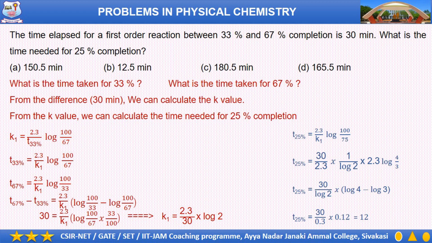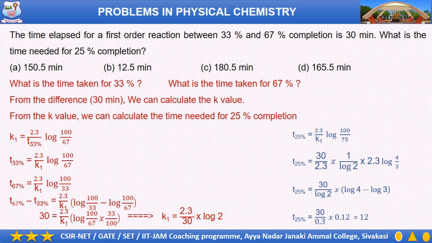Next, we will go to the calculation for T of 25%. T of 25%, how much? That is equal to 2.3 by K1 into log of 100 by 75, since 25% is completed, therefore 75 remains. Or we can write it as 4 by 3.